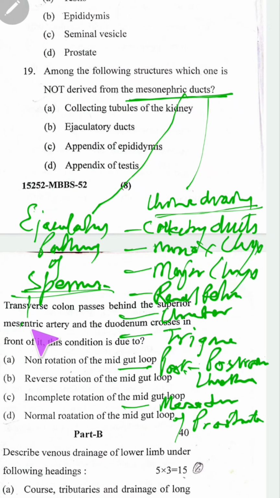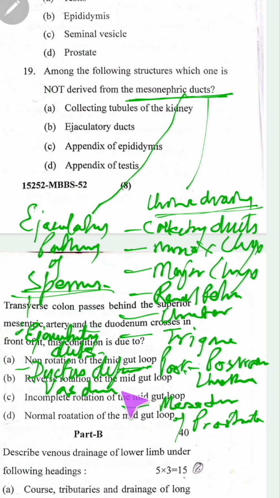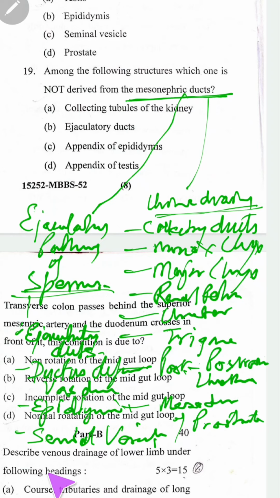Remember, ejaculatory ducts, then you have ductus deferens, also called vas deferens, epididymis, seminal vesicles, right?